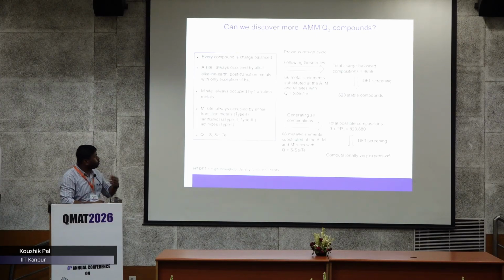So how would we perform DFT calculations on 800,000 compounds and find the stable compounds? It is a very computationally challenging task. So thanks to machine learning, which came to the rescue, we can apply machine learning to screen the stability of these 800,000, or close to 1 million, compounds, and then it can give us new compounds which would be thermodynamically stable.